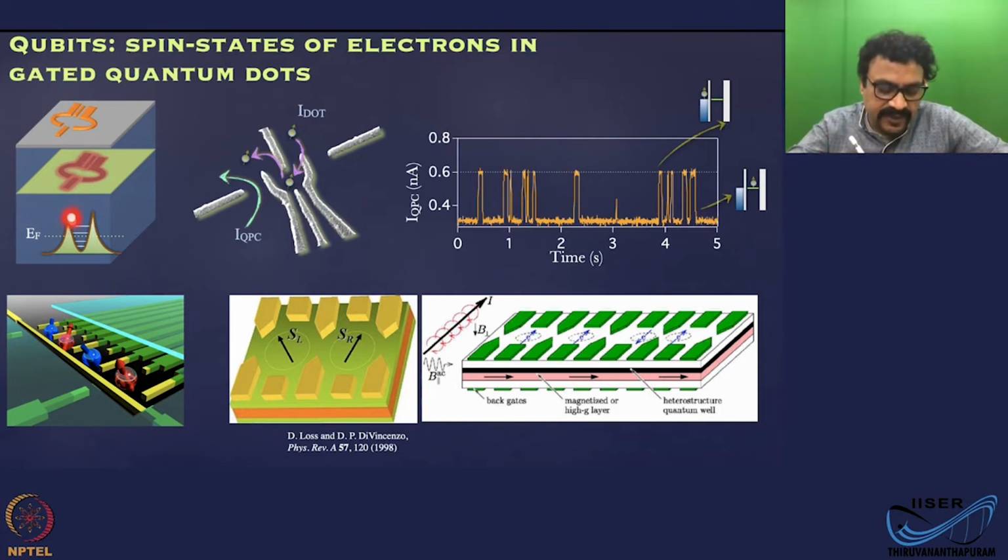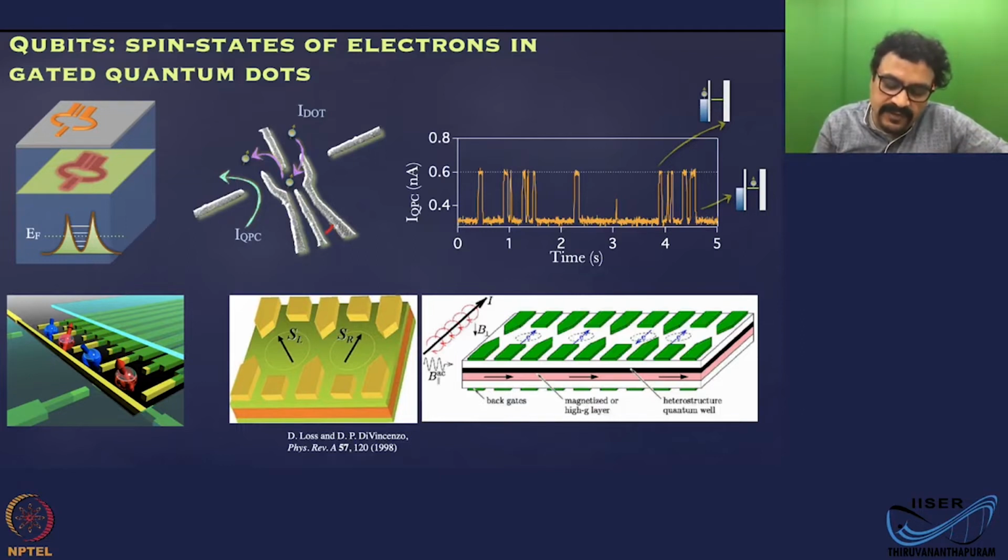And roughly, we can assume that there is a parabolic confinement for the electrons at the center here. And you can tune the gate voltages on any of these gates. And you can go to few electron regime by making these gate voltages more negative. Okay, and eventually you can empty the dot.